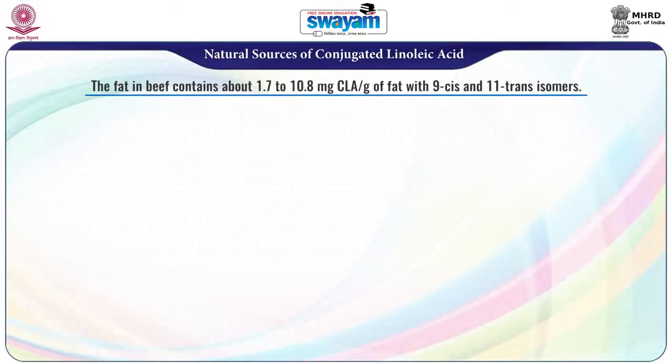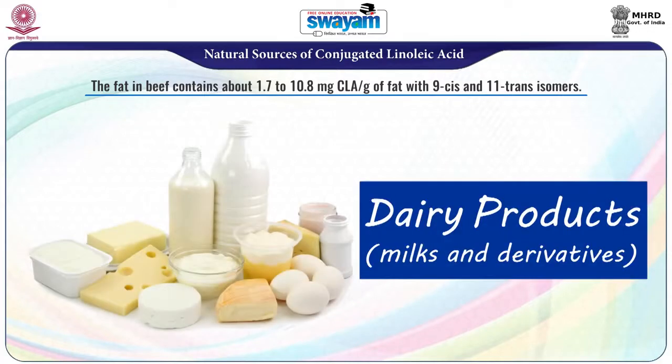The fat in beef contains about 1.7 to 10.8 milligrams CLA per gram of fat, with 9-cis and 11-trans isomers. It is also found in dairy products such as milk and its derivatives.